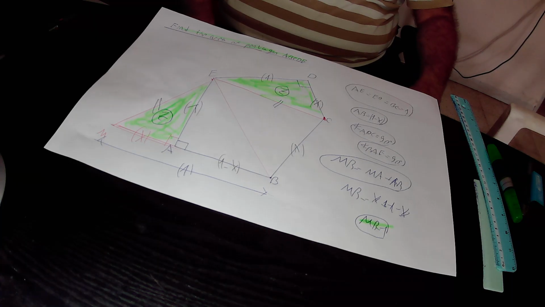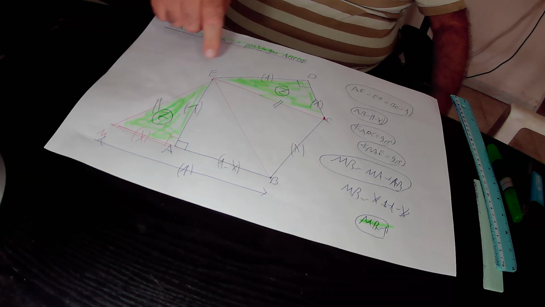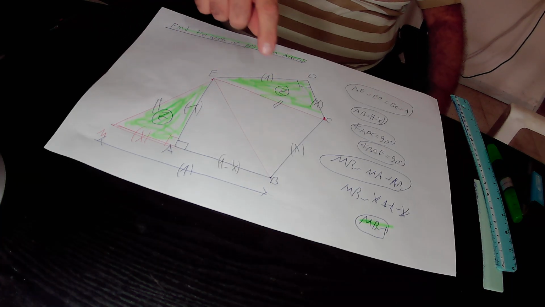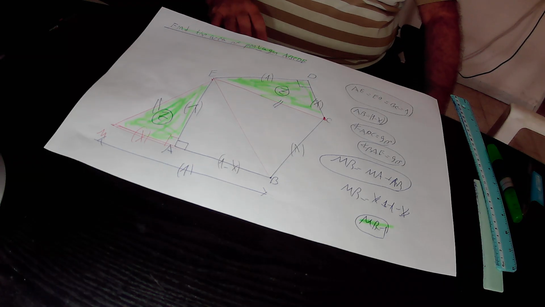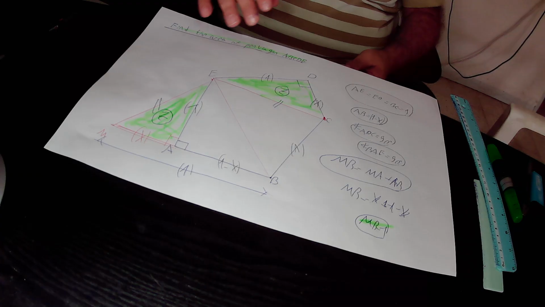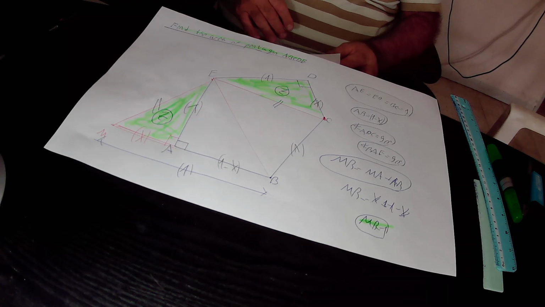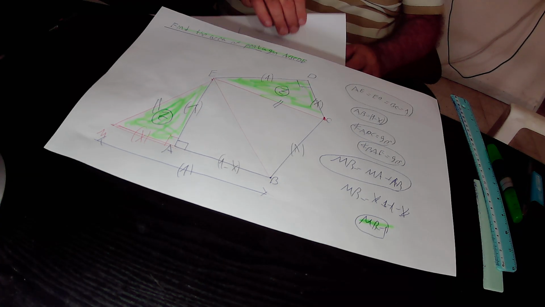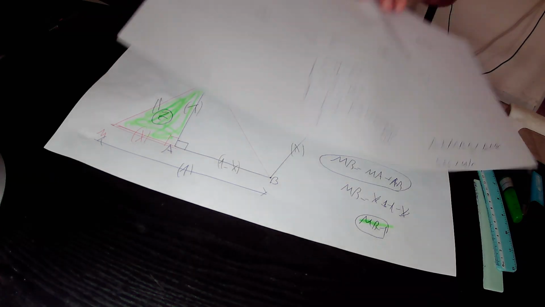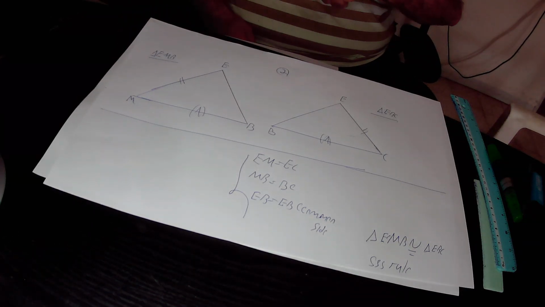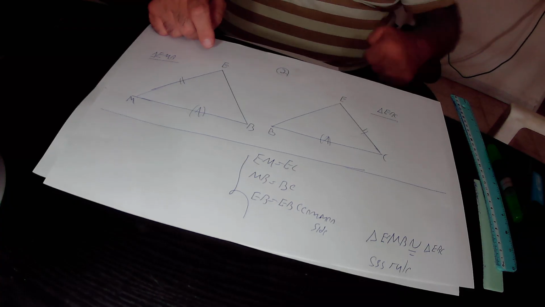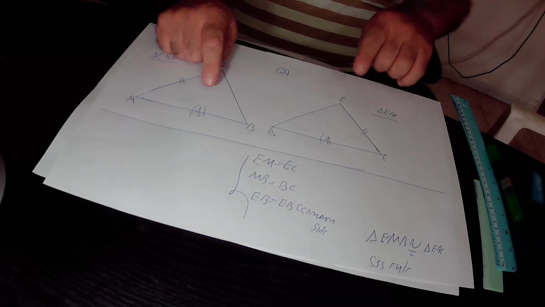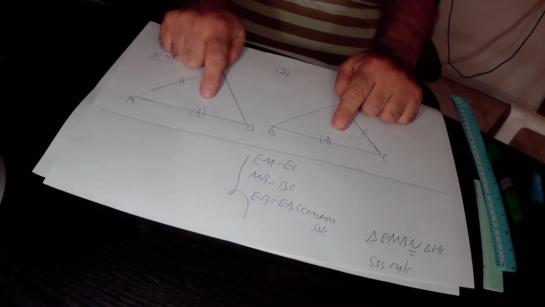In the next step, we prove that triangle MEB is congruent to triangle EBC according to the side rule. Those are the two triangles in the original drawing. First of all, those two sides are both equal to 1 and therefore equal to each other.